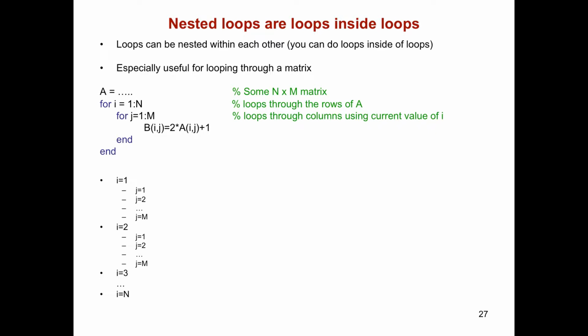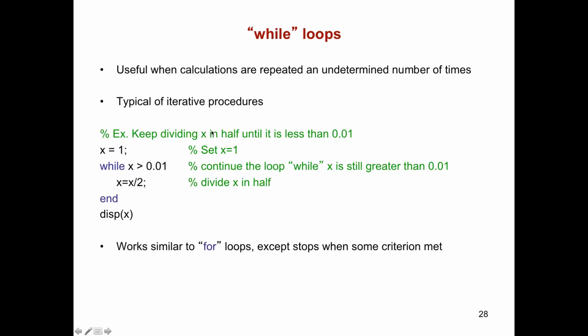So for each counter of the outside loop, which in this case are the rows, I would execute something for every column. And in this particular case, if I had a predefined A, this would be a way to define the new matrix whose elements are 2 times this old matrix plus 1. So I can do this in any type of way.